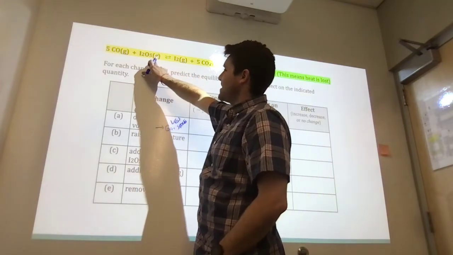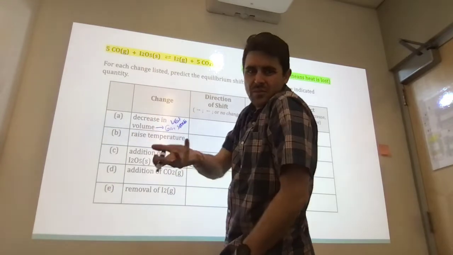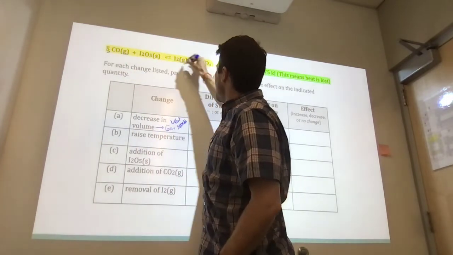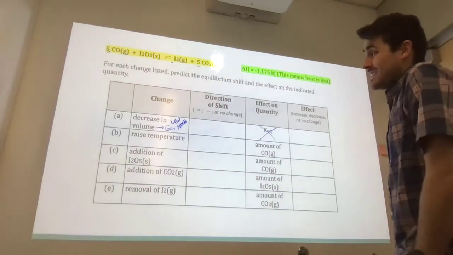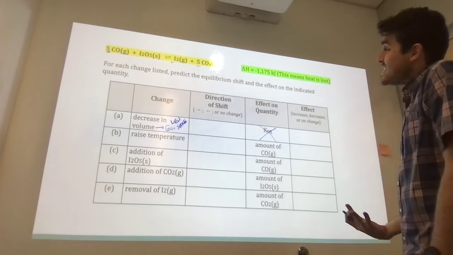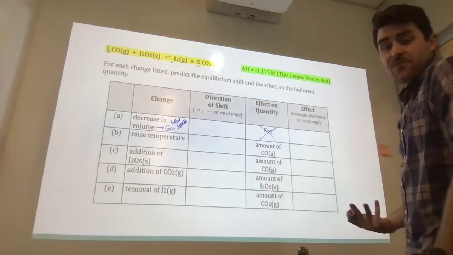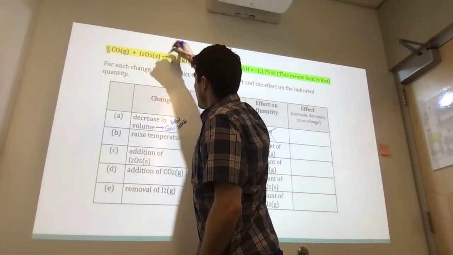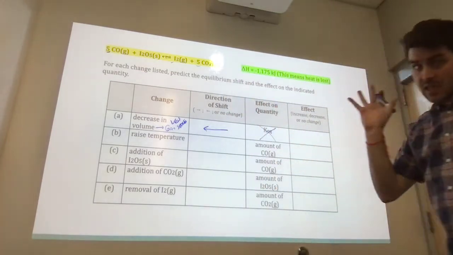This solid takes up really no gas space at all. It's just a solid. I can't change the volume of a solid. So I've got 5 particles of gas over here, and I've got 6 particles of gas over here. If there's less space, the reaction says, oh yeah, less space, I will make fewer gas particles. So the left side of the reaction has fewer gas particles on it, so it shifts left.